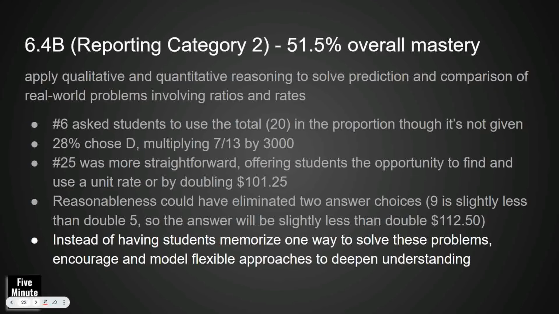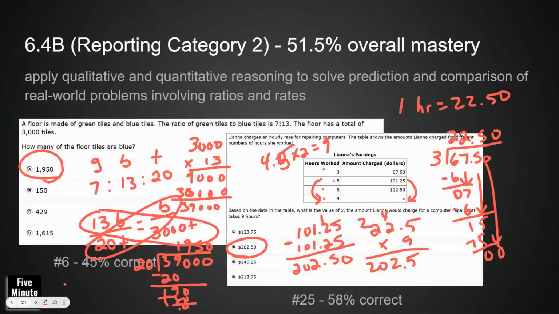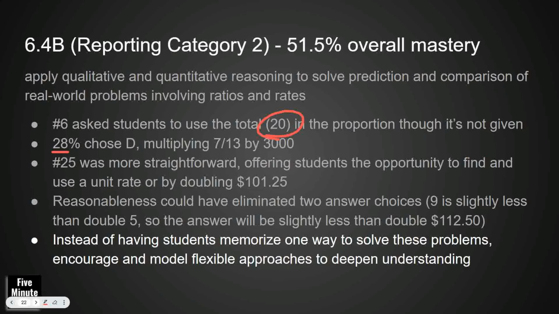And so in number 6, we had to find that total 20, even though it was not given in the proportion because it was asking for that total of 20, even though they only gave us the 7 and the 13. And then 28% chose D. So 28% chose D. How did we get that? Well, we multiplied this 7/13 by 3,000.